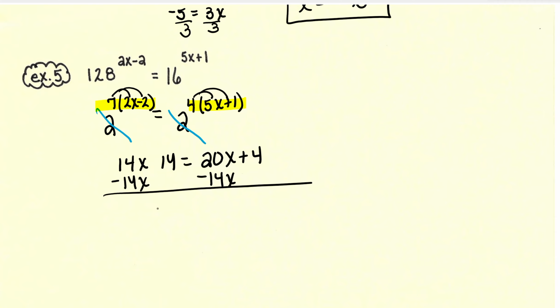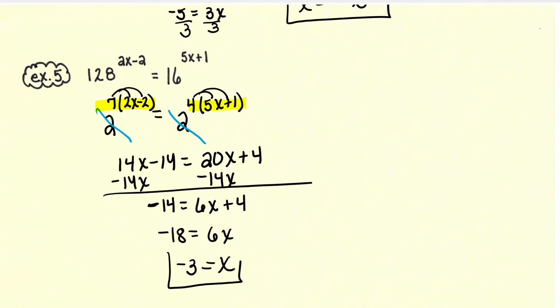Make sure you keep your sign with your number right there. Don't lose your sign. So negative 14 equals 6x plus 4. Subtract that 4 over. So negative 14 minus 4 is negative 18 equals 6x. Divide by 6. And x is negative 3.